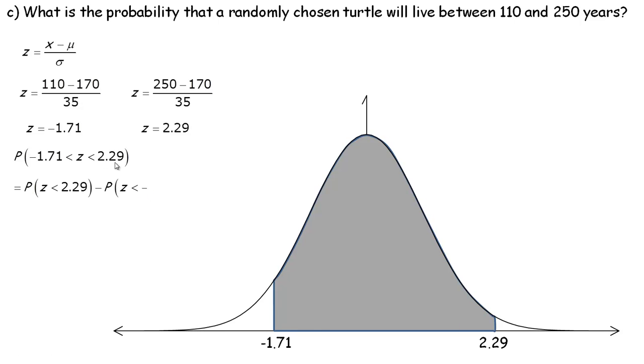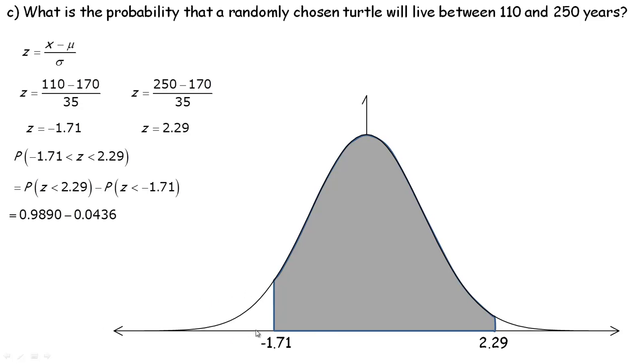And so to calculate this, we need to find the probability z is less than 2.29 and subtract from it the probability z is less than negative 1.71. I'll put the numbers out here. If you look in the z-score table, for a z-score of 2.29 we get 0.9890, and for the negative 1.71 we get 0.0436. So remember, this 0.989 means that's the probability of a value below 2.29, which is everything here.